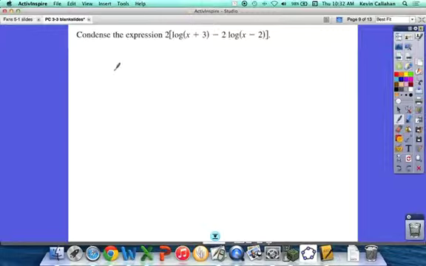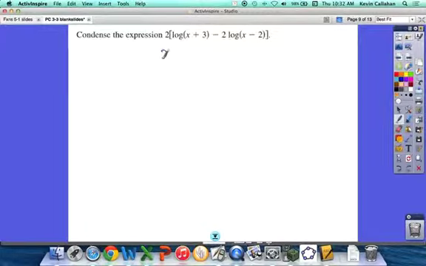Well, here's the thing. If I tried to put these two together with a quotient property, the quotient property does not include the possibility that there could be constants multiplying. I need to get rid of that constant multiplying. So what could I do with that 2? Bring it inside. So we really do have the difference of logarithms. Right now we don't have the difference of logarithms. So let's do this.